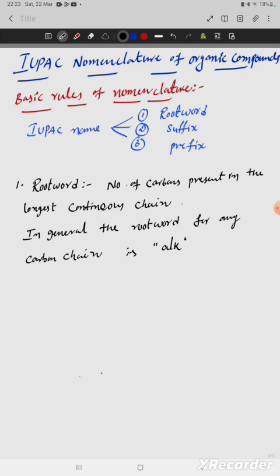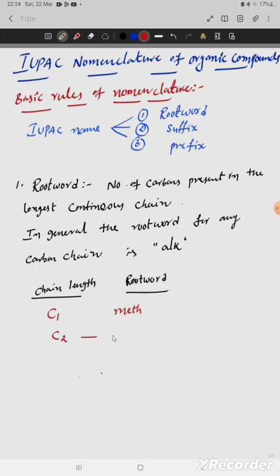Based on the number of carbons, we will see the chain length and what the root word is. Suppose there is a one carbon chain, that means only one carbon present in the organic compound, that root word we call meth.